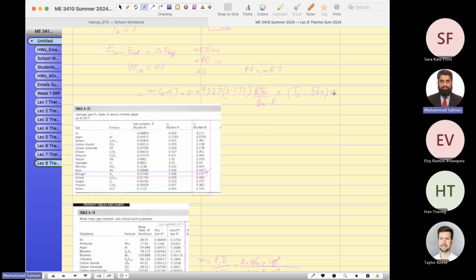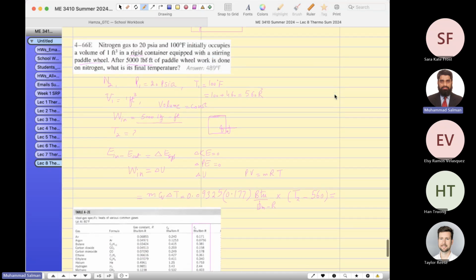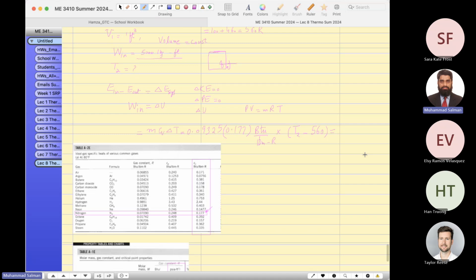And that is equal to 5,000 pound force foot. So now, if you solve for this, you should get T2 equals 949 Rankine, or 489 Fahrenheit.